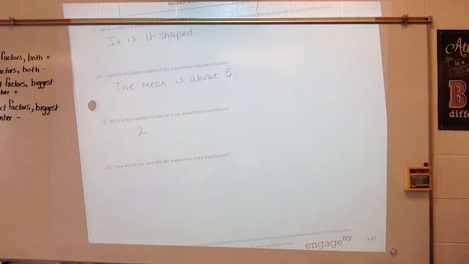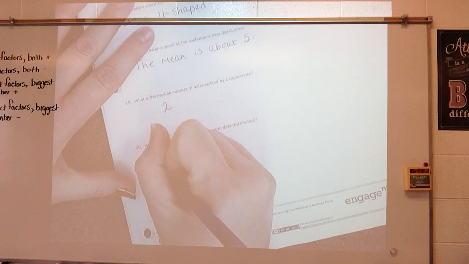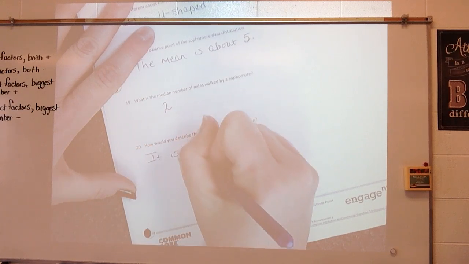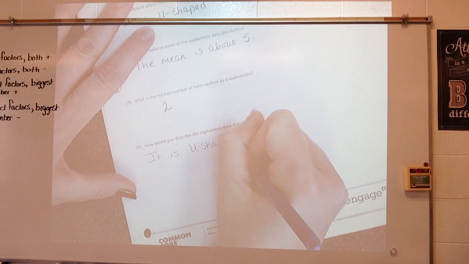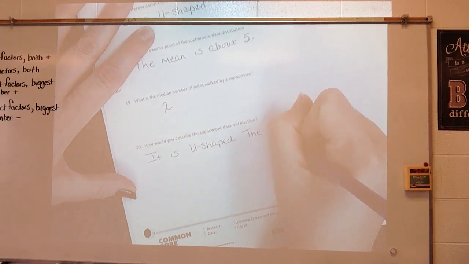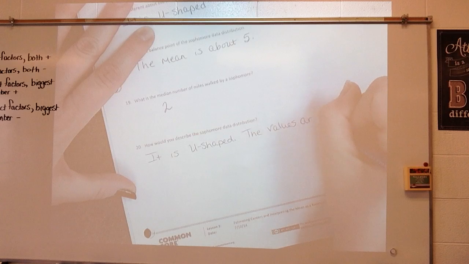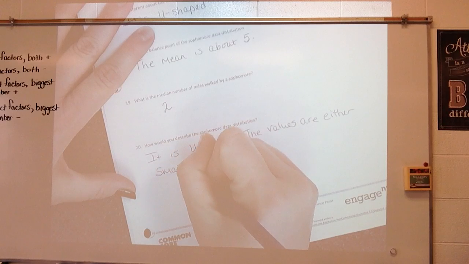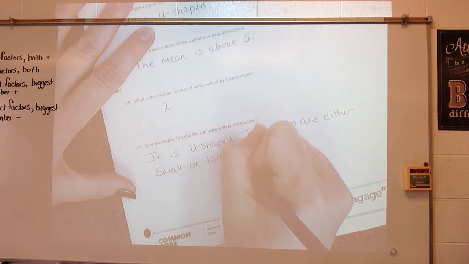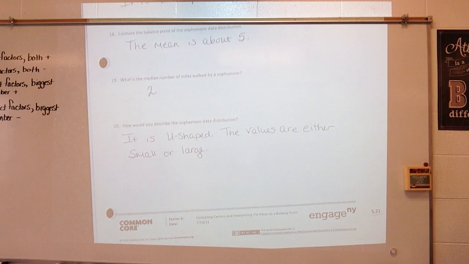How would you describe the sophomore data distribution? It's U-shaped. The values are either small or they're large. There's no in between. In this case, the median is 2 and the mean was 5.